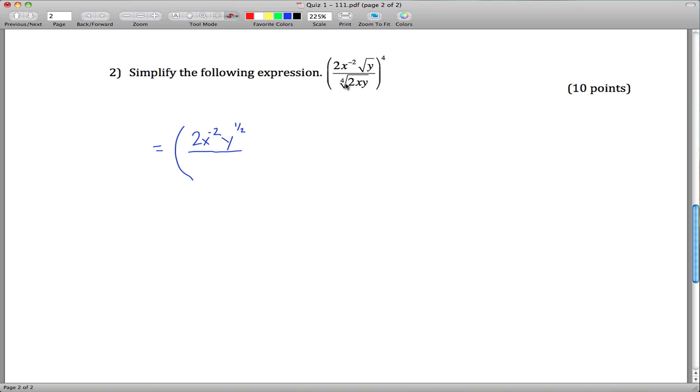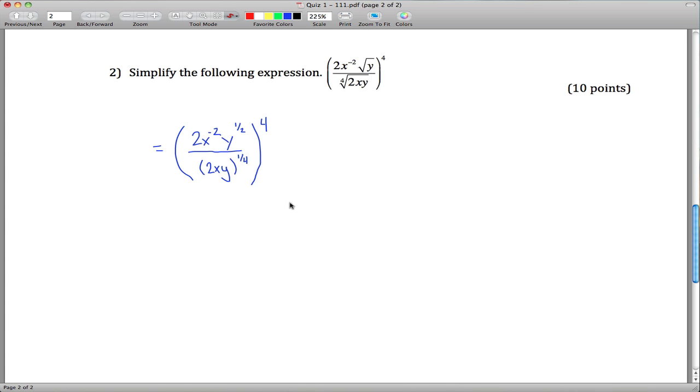Then on the bottom here, instead of thinking about this as the fourth root of 2 times x times y, we can think about it as 2 times x times y to the 1/4 power. And then all that mess is raised up to the 4th.